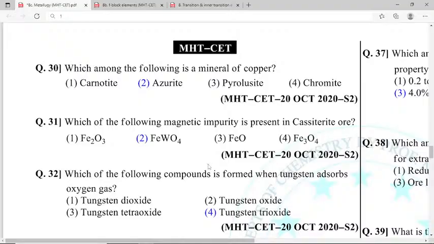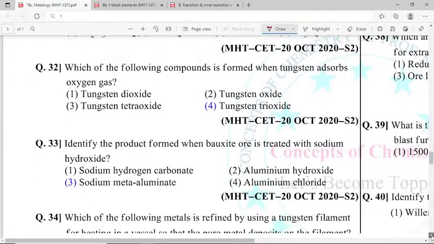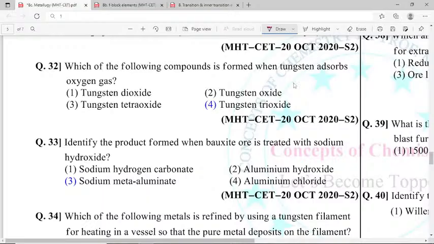Which among the following is the mineral of copper? Azurite. Which of the following magnetic impurities is present in cassiterite? FeWO4, iron tungsten oxide. Which of the following compounds is formed when tungsten absorbs oxygen gas?